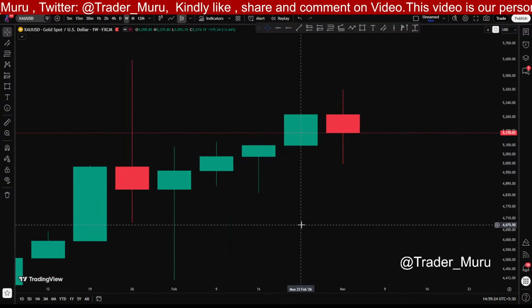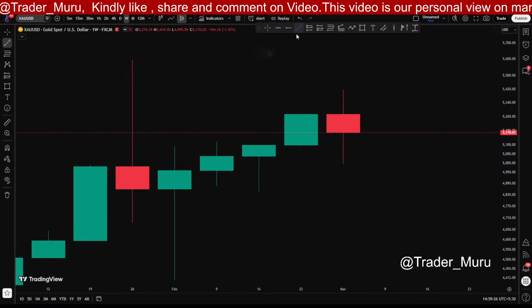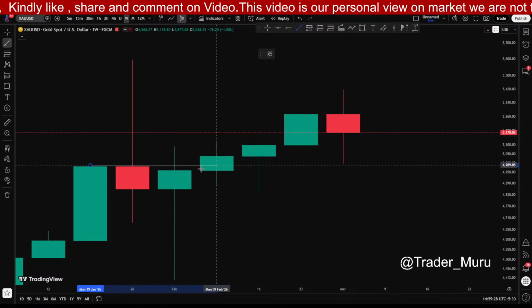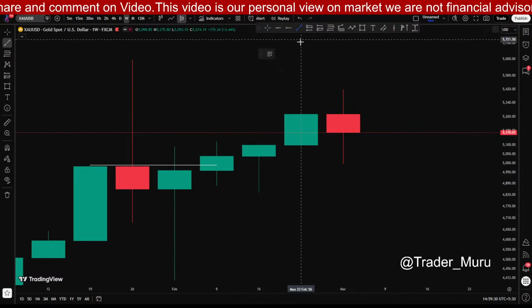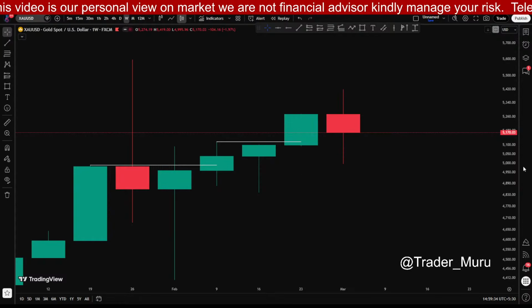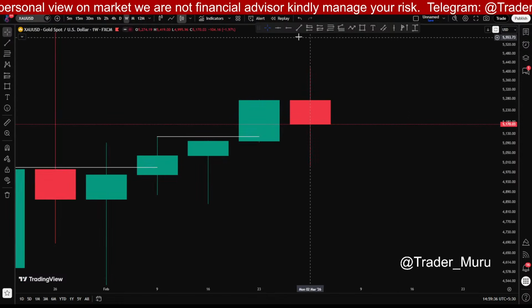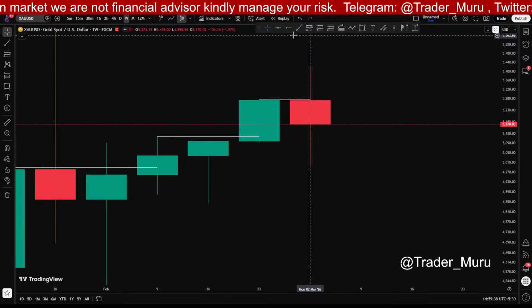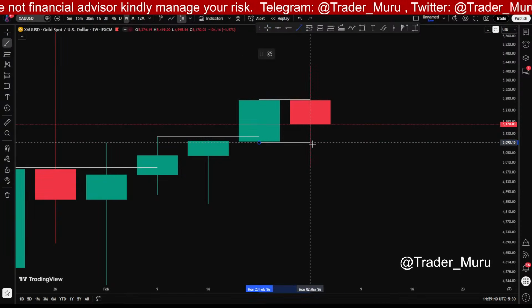In the weekly time frame, as per our CRT concept, price has created this last candle and its high and low are both swept.